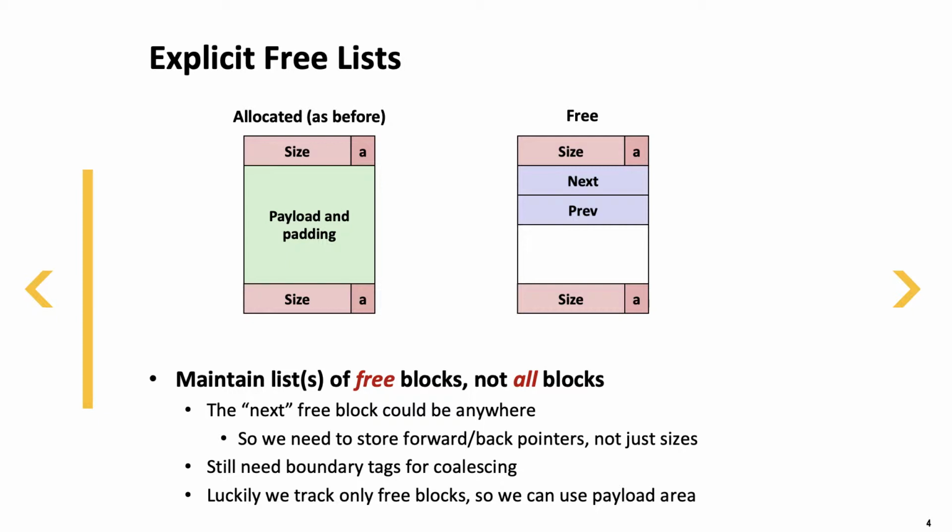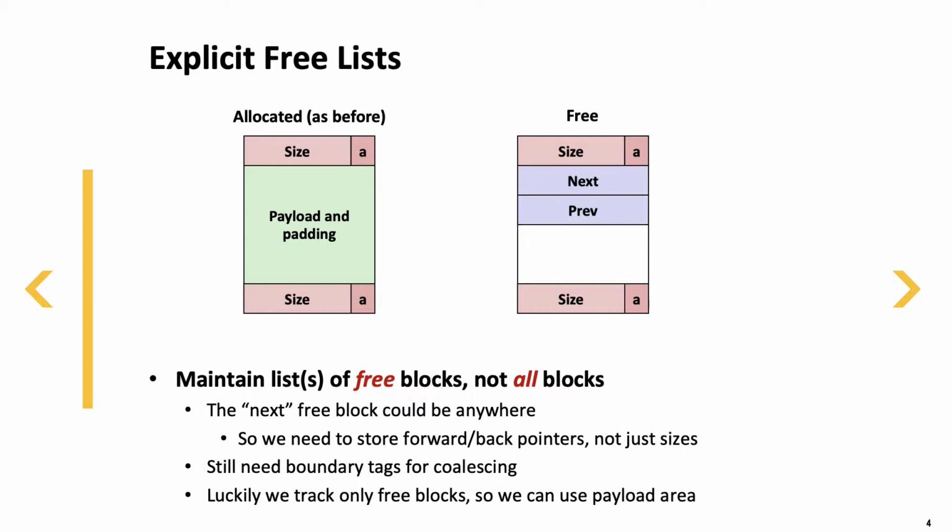Now, the next free block could be anywhere, right? If we're not going to look at each block in turn, we have to have some way to go from free block to free block, and just having those boundary tags, just having a size and allocation flag isn't going to do that for us. So we've got to store some stuff in those free blocks that we didn't have to store in implicit free lists.